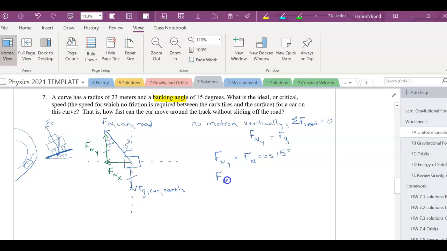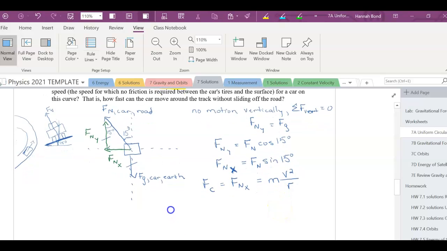I know that F_nx would be F_n times the sine of 15 degrees. And I know that the centripetal force is going to be provided by that x component of the normal force, because that's the force that is pointing toward the center of the circular path. That is the centripetal force. And a centripetal force is always equal to the mass of the car times its tangential speed squared divided by the radius of the path.